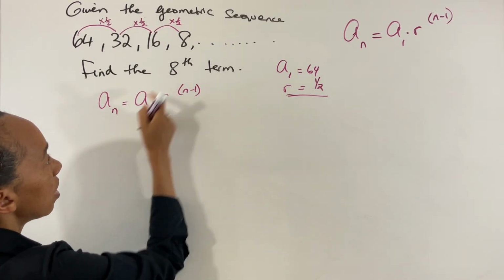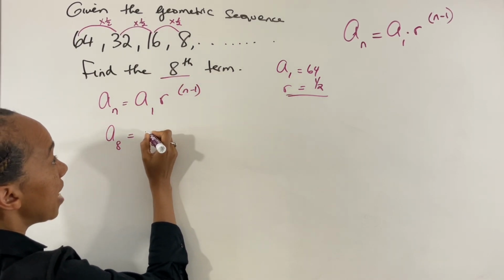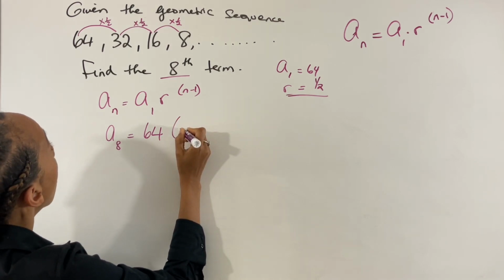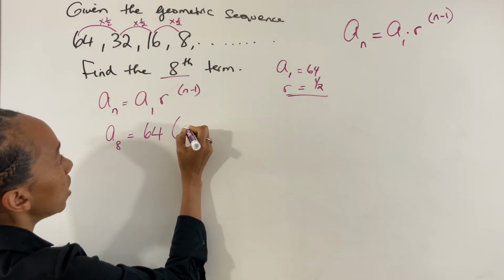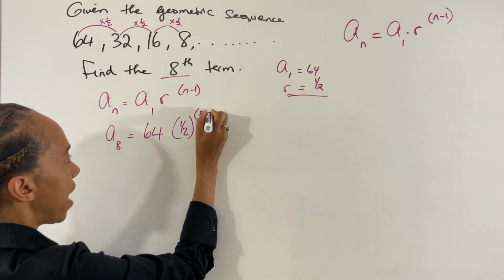So we're looking for the 8th term. a sub 8 is equal to a sub 1, which is 64, times r, which is going to be a half, raised to 8 minus 1.